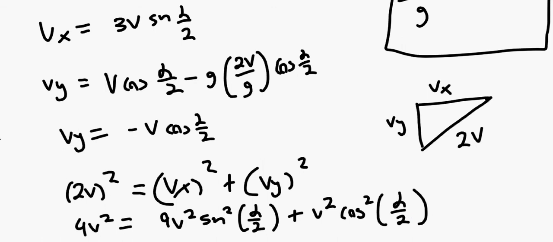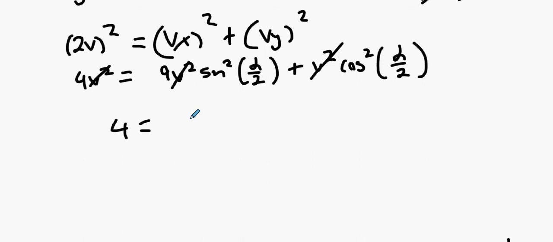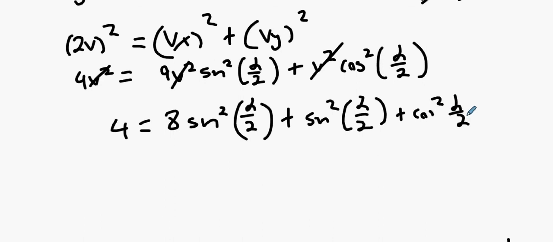Okay, all the v squareds cancel, which means they are gone. Now here's what I'm thinking. If we do 4 equals, now see this 9 sine squared, if I change that into 8 sine squared alpha over 2, then I do another sine squared alpha over 2 plus cos squared alpha over 2.